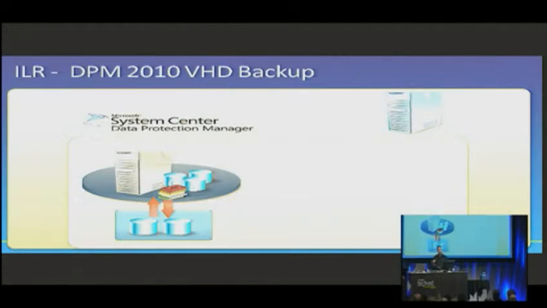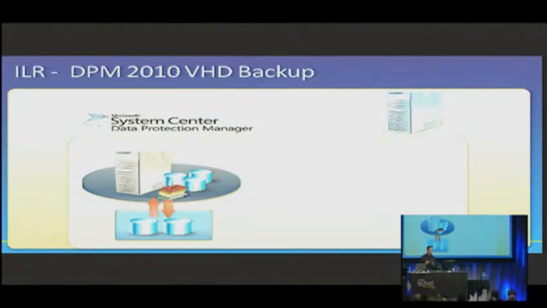The primary reason you would make that choice is based on what level of granularity you wanted to recover. In DPM 2007, you could back up a whole VM, and the cool part was you could restore the whole VM, and that was really neat. But the downside was you had to recover the whole VM. Right? So if you want to have granular recovery, you had to have first done granular backup.